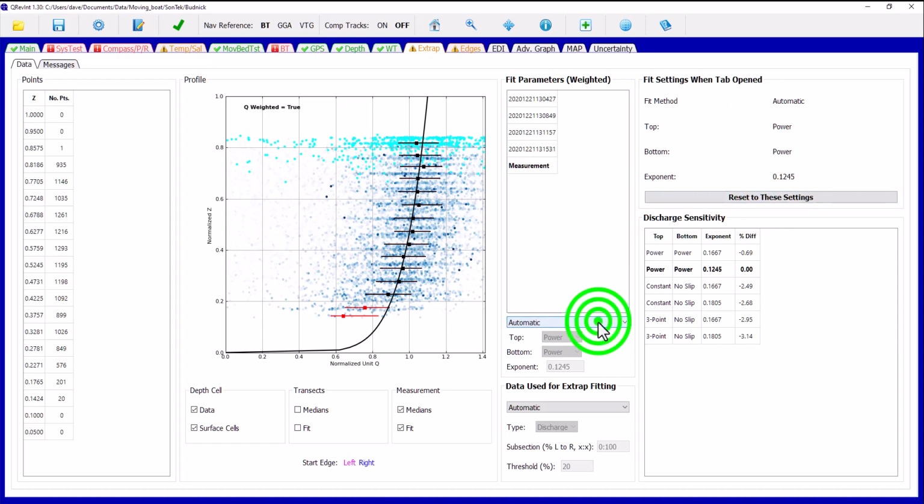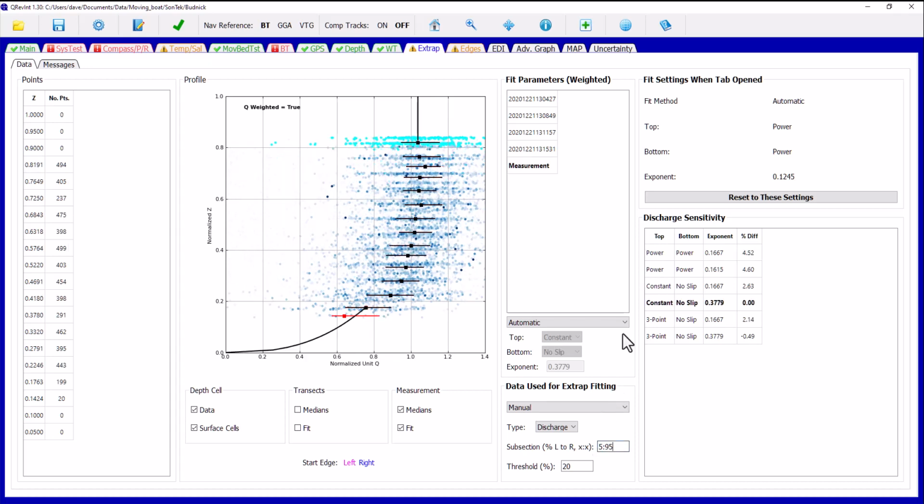We can change anything that we want while evaluating this data. And the final discharge is not changed until we leave the tab and click on a different tab within QRevInt.